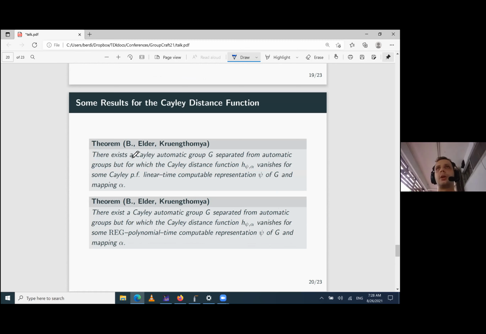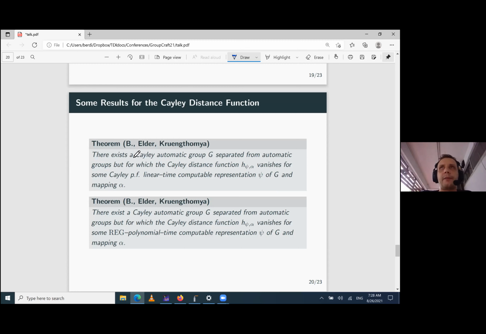So what about the Cayley distance function? Can we say anything about the Cayley distance function for this wider class of groups? I would suspect that this question is much harder.